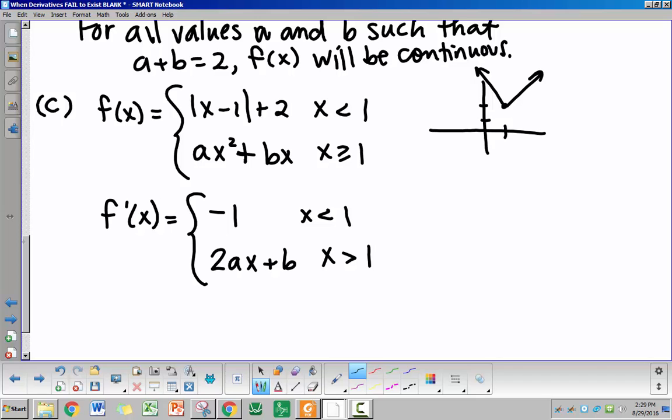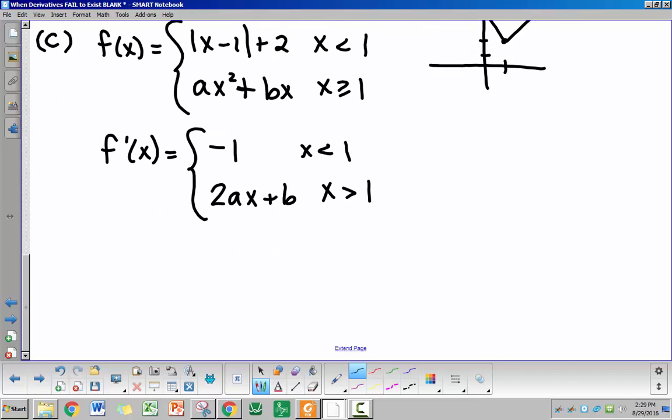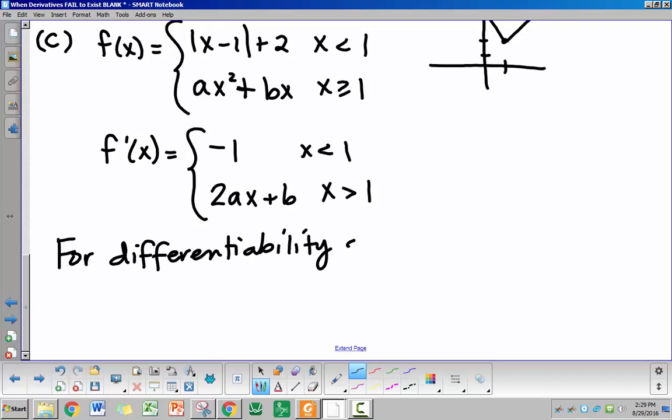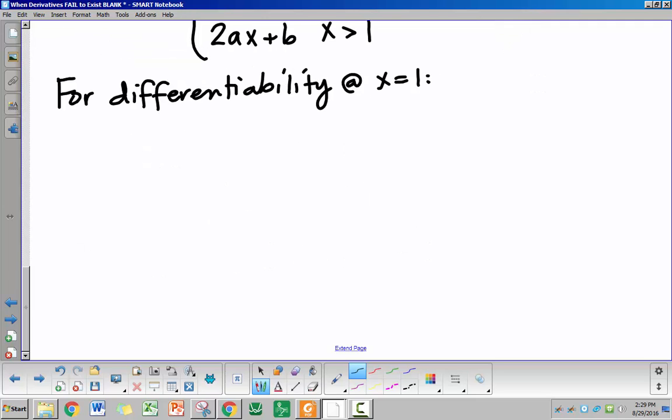Now we have to check, for differentiability, what has to be true. It has to be continuous, right?